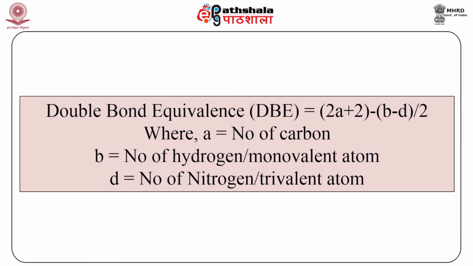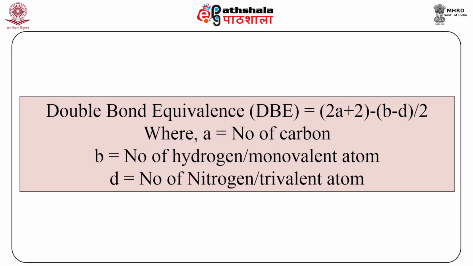Now, to solve questions like this, it is really important that we first find out the double bond equivalence of the given compound. The formula is (2A plus 2 minus B minus D) divided by 2, which gives the number of double bonds or cyclic structures in a given organic compound.